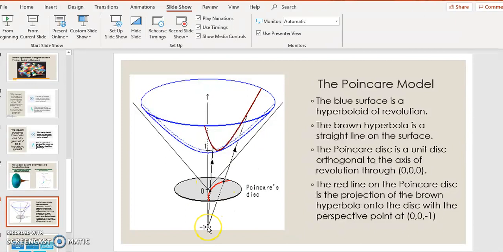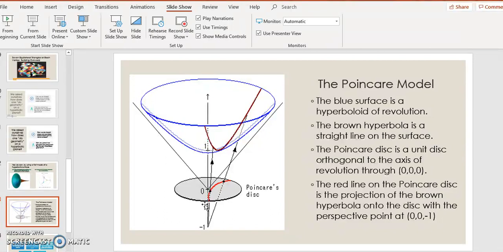If I put my eyeball down here and project each one of these points down onto this surface, each point is mapped onto that red line, and your equivalent structure to that brown curve on the outside of the hyperboloid ends up being this red circular arc. So this is the generic model we're talking about being able to use.